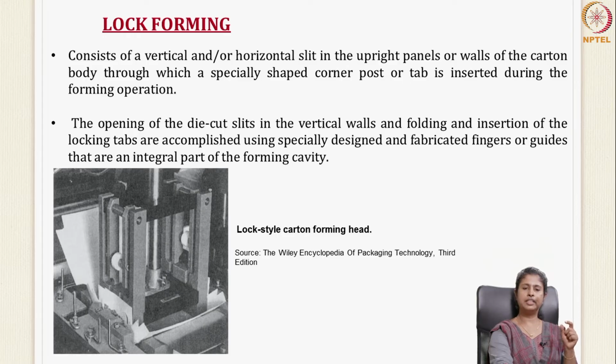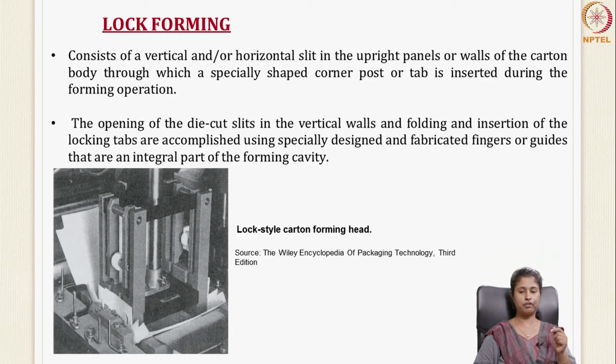These slits are usually made in the vertical walls of the carton, and usually shaped in such a way that two ends can lock each other. The opening of the die slits in the vertical walls and the folding and insertions are accomplished by specially designed fingers and guides. So the machine itself has special guides and fingers that will actually help in locking these two slits together when you have to form the carton.